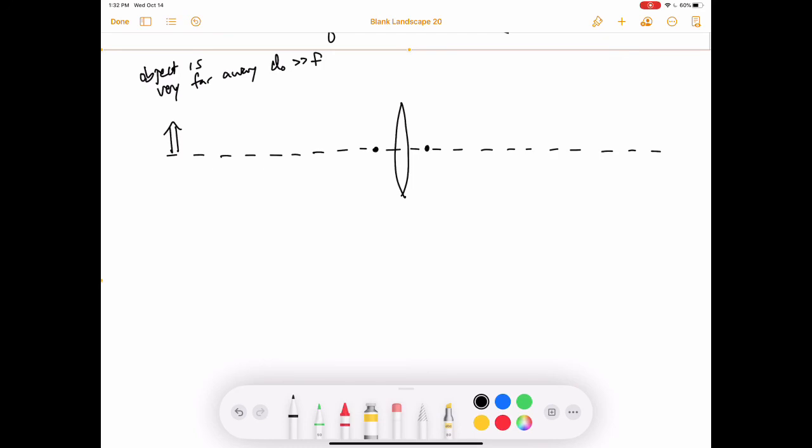So we can draw a couple principal rays. Once again, we have a ray that goes parallel to the optical axis all the way to where the lens is located. And then it goes out through the focus. And let's just draw one more of those rays. How about the one that goes straight through the center of the lens? Like this.